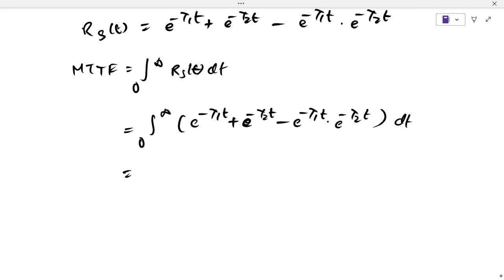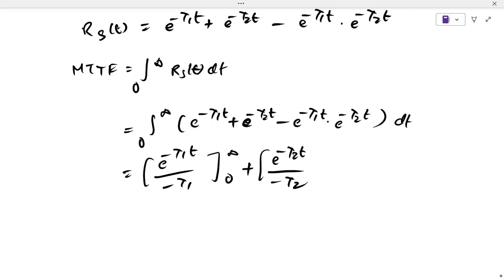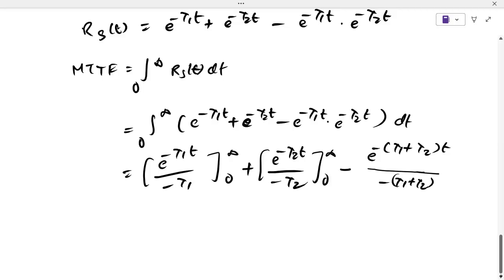Now if you integrate, that is e power minus lambda 1 t by minus lambda 1, limits 0 to infinity, plus e power minus lambda 2 t by minus lambda 2, 0 to infinity, minus e power minus of lambda 1 plus lambda 2 into t by minus of lambda 1 plus lambda 2, 0 to infinity.